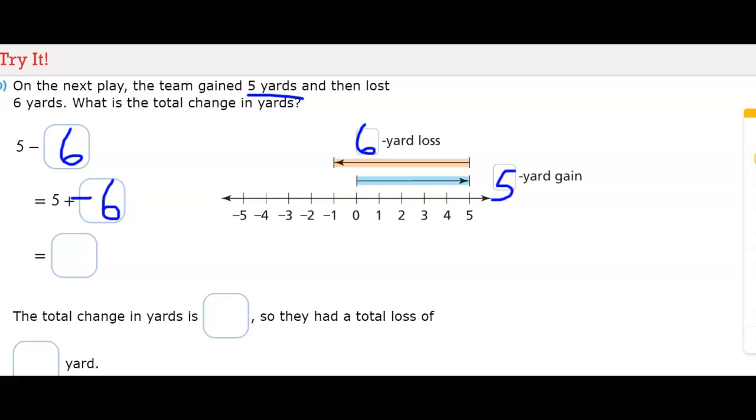So you are subtracting the 6 yards from the 5. As you can see, they overlap, and where you see they overlap, there's a gap, and that equals -1. And so the total change in yards is -1. So they had a total loss of 1 yard.